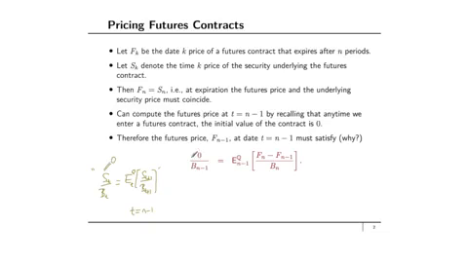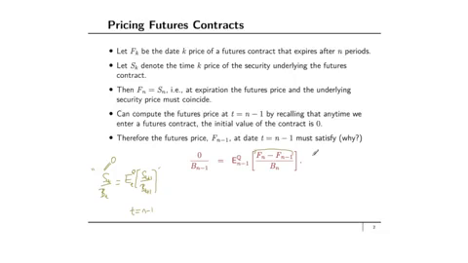So therefore we get 0 here. And then S(t+1), well, the value of the futures contract at that point is going to be Fn minus F(n-1). We could also interpret this using the more general form of risk-neutral pricing where we included a coupon plus the value of the security. The value of the security would then be 0 and the coupon would be this quantity here. So risk-neutral pricing gives this to us.